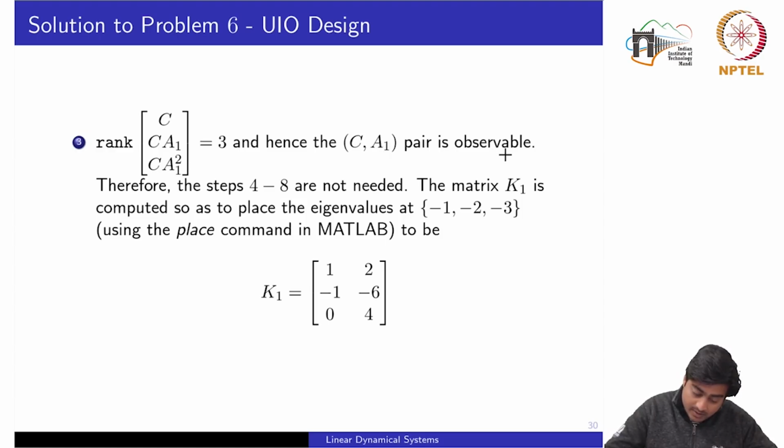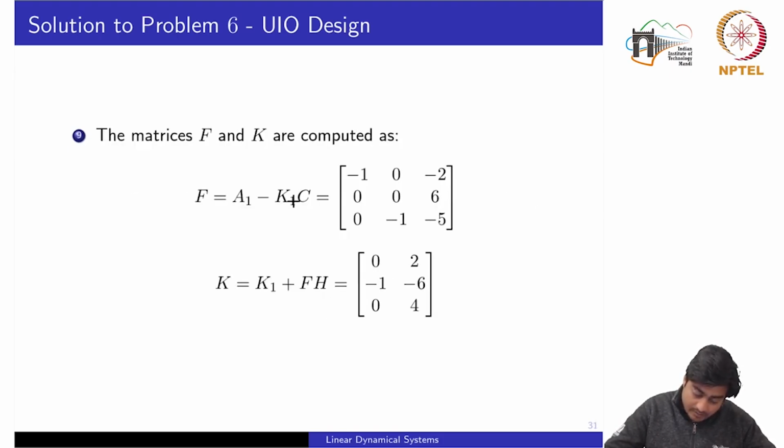Since the pair is observable, we can directly compute the matrix K1 using the MATLAB command place. Here we have placed the eigenvalues at -1, -2 and -3, and we have obtained this K1 matrix. From the K1 matrix we have obtained the F matrix, which is supposed to be a Hurwitz matrix, so you can compute the eigenvalues, and from K1, H and F we have finally computed the K matrix.